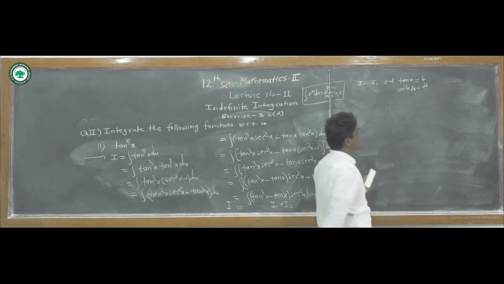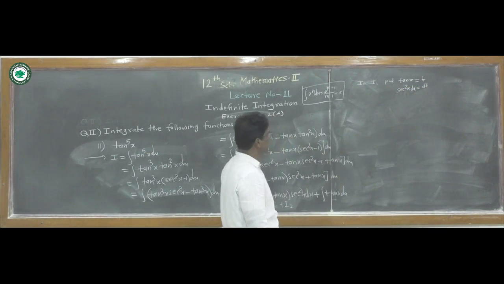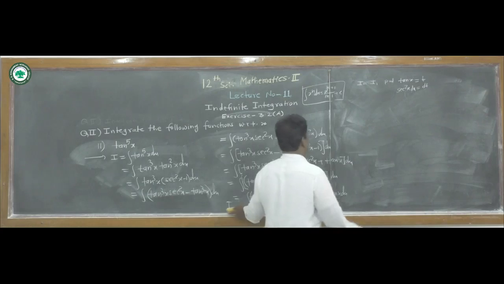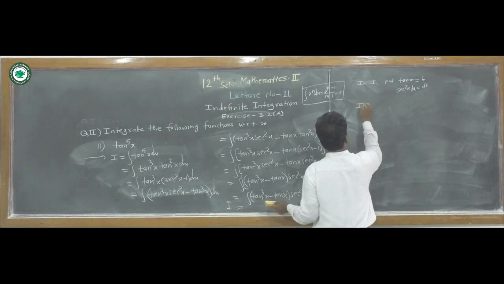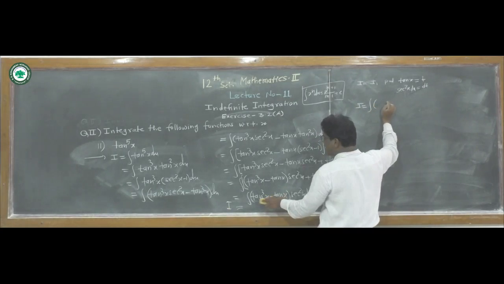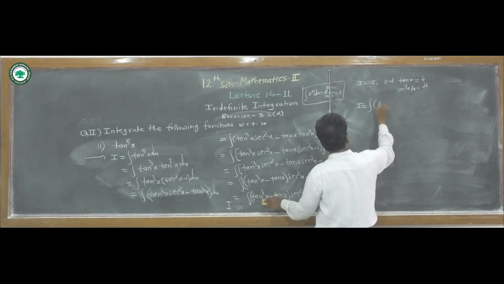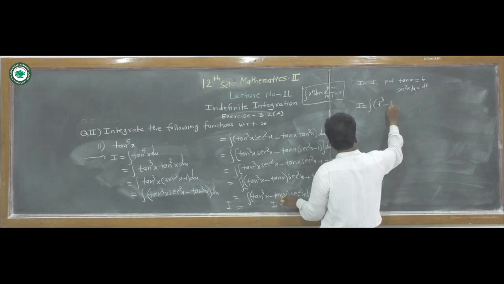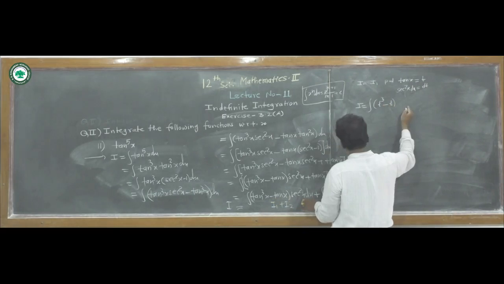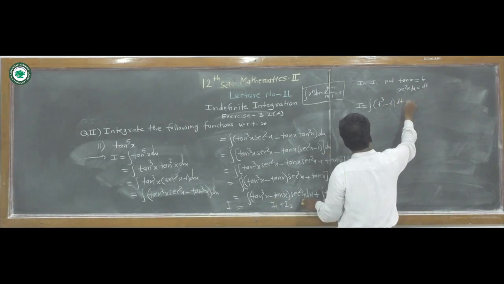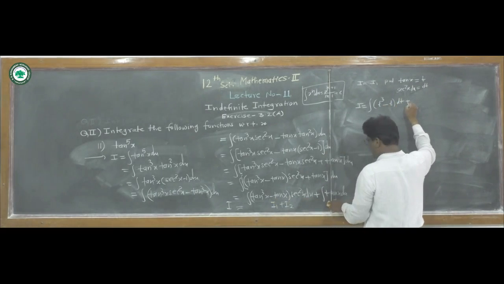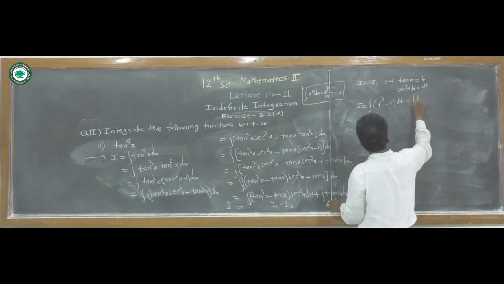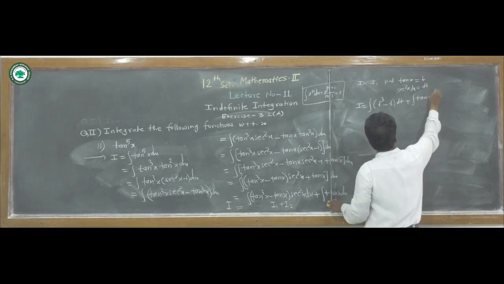So we get here sec square x dx is equal to dt. And therefore this required integral I becomes I is equal to integration of, now here put tan x as t, so it is t cube minus, again here tan x as t, and sec square x dx we replace by dt, and plus here the second integral as it is, that is integration of tan x dx.